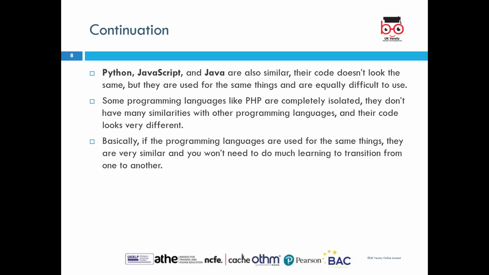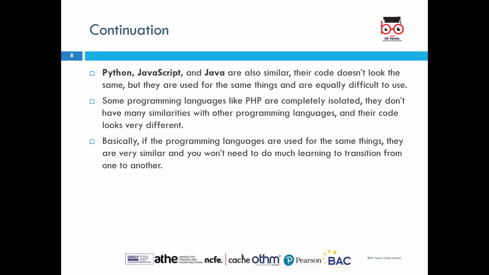Python, JavaScript, and Java are also similar because, although the code doesn't look the same, they're used for the same purpose. For instance, when it comes to web applications or games, they are going to be coded with one of these three programming languages.